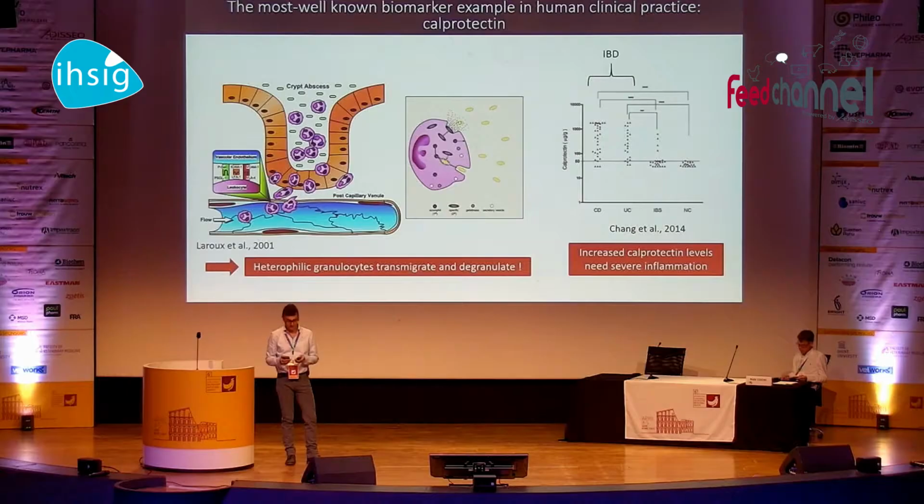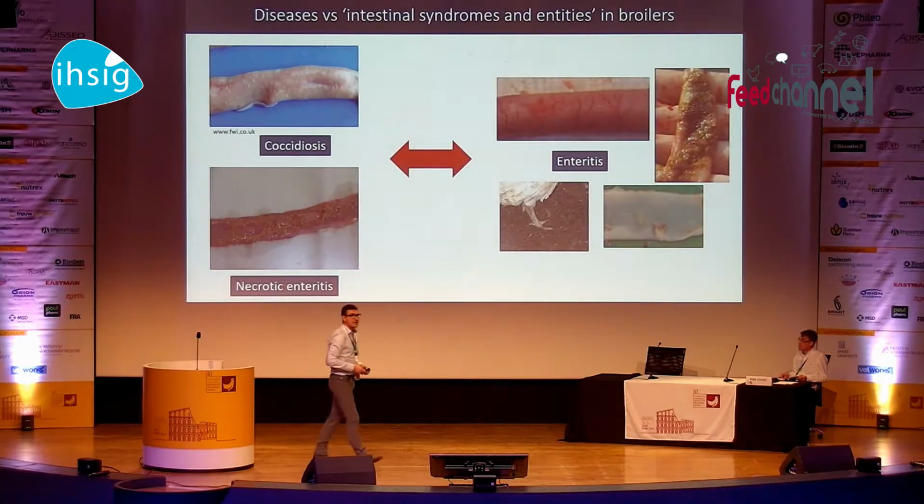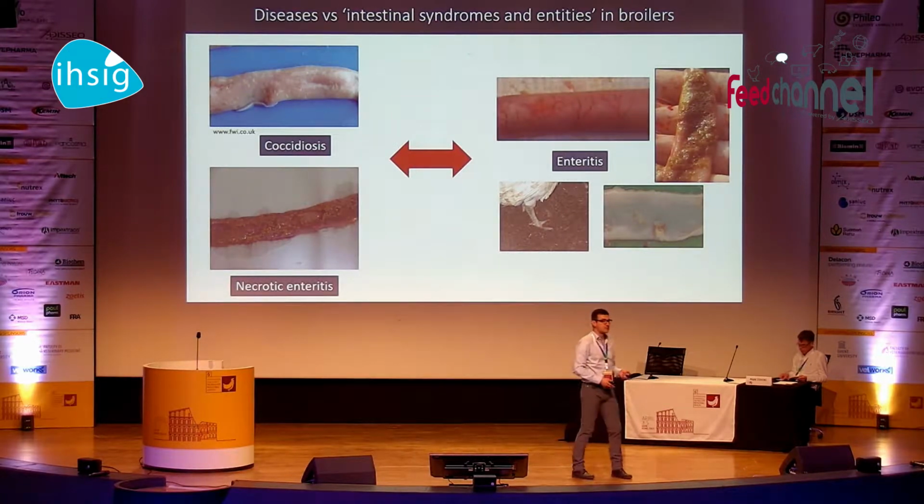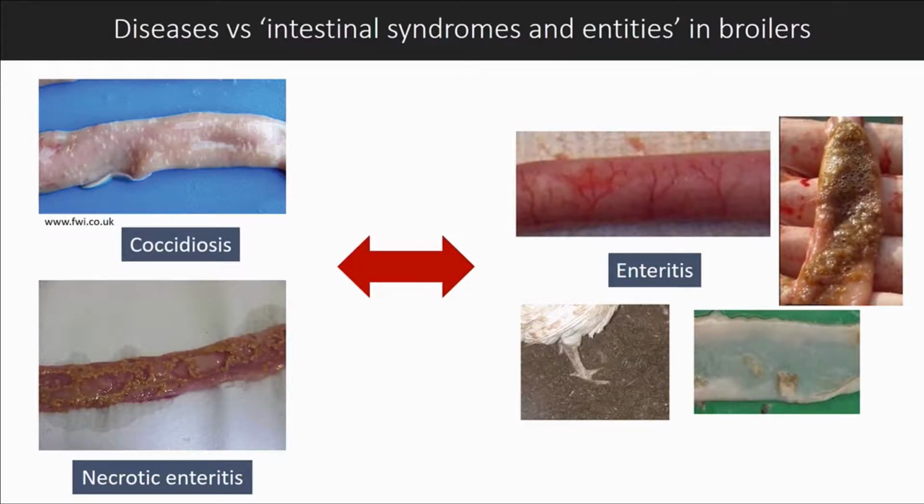And this is, of course, kind of a problem. Especially when you look into poultry, you also have, on the one hand, cases of severe inflammatory diseases. Necrotic enteritis is probably the most well-known. You have a massive inflammation of granulocytes there, and this kind of protein will also be released in the intestinal lumen, and you can measure these in the feces.